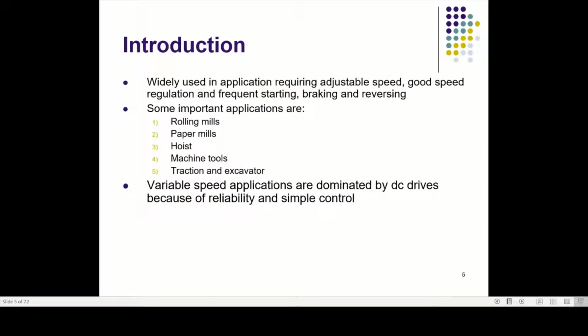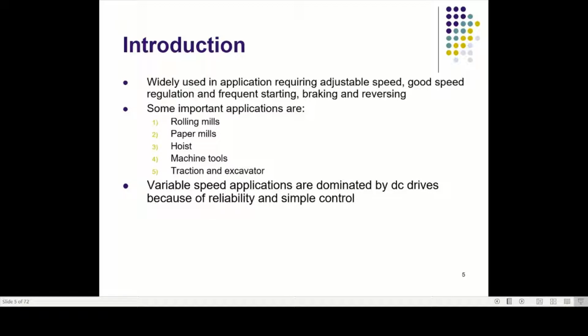DC drives are widely used in applications requiring adjustable speed, good speed regulation, and frequent starting, braking, and reversing. And some important applications are rolling mills, paper mills, mine windows, hoists, machine tools, traction, printing presses, textile mills, excavators, and cranes.